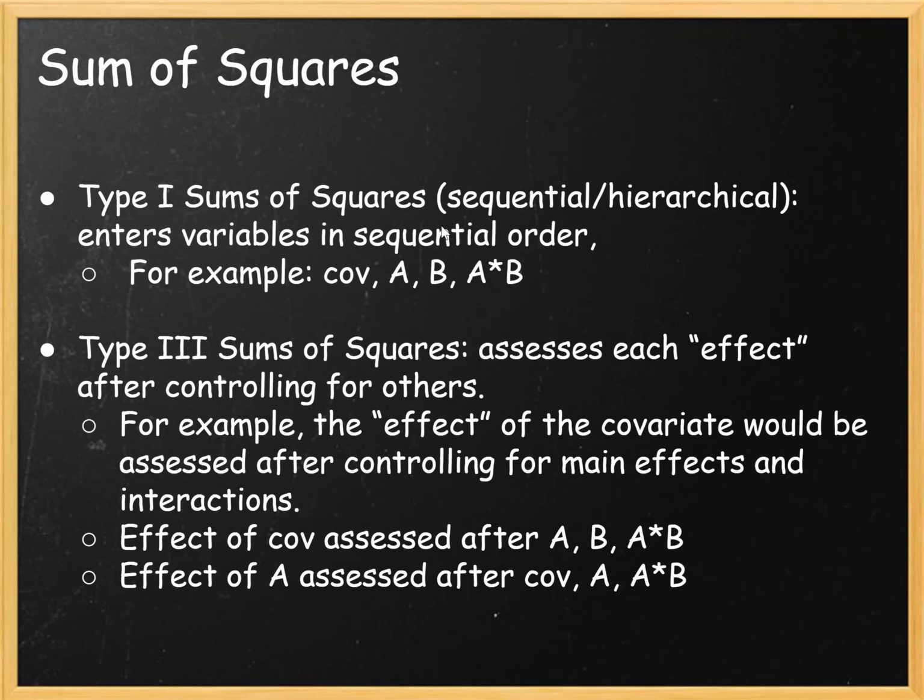It makes more sense to use type 1 because you want to let the covariate take its bite out of the dependent variable's variance first before you assess the other variables. So for ANCOVA, it's usually wise to use type 1 sum of squares instead of type 3 sum of squares.